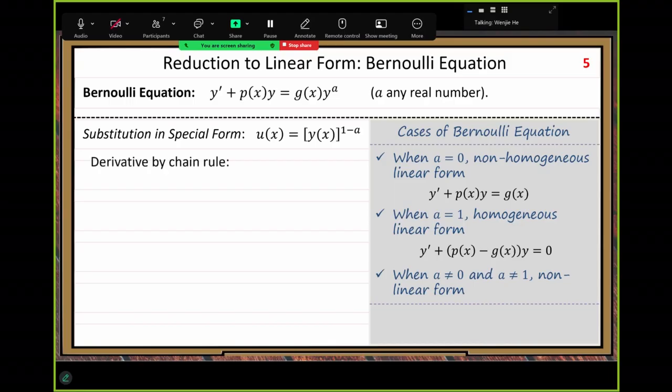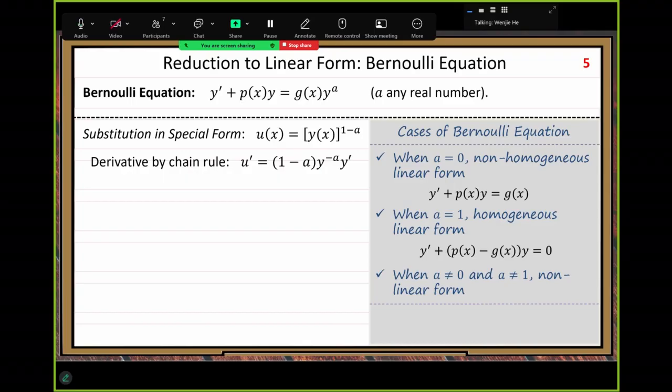All right? Let's take a derivative by chain rule. u prime equals (1 minus a) times y to the negative a. That's the power rule, right? y to the negative a, because of the minus 1, that 1 is gone.